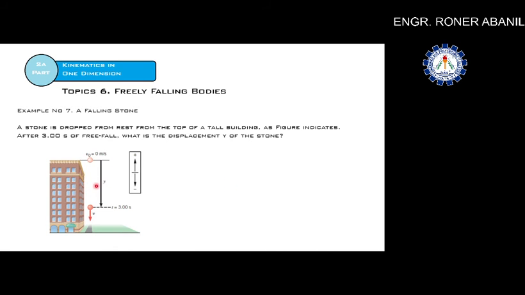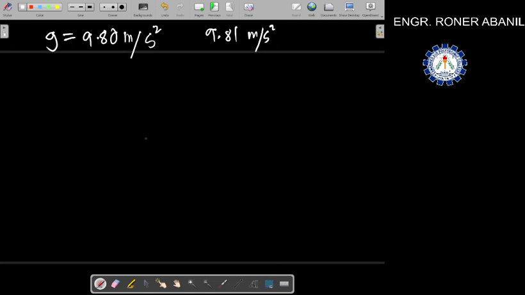So, sabi nila, meron daw inilaglag na bato sa taas ng building. So, ang tinatanong, nung mag 3 seconds, gaano na kalayo yung itinakbo ng bato natin?